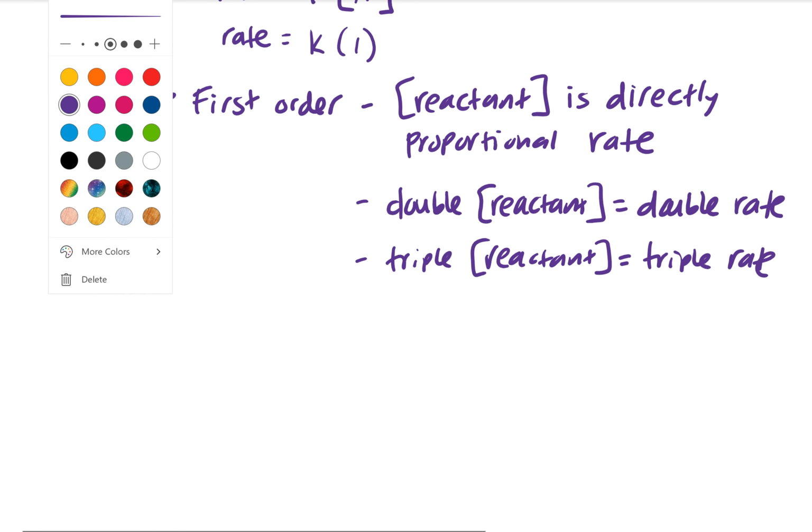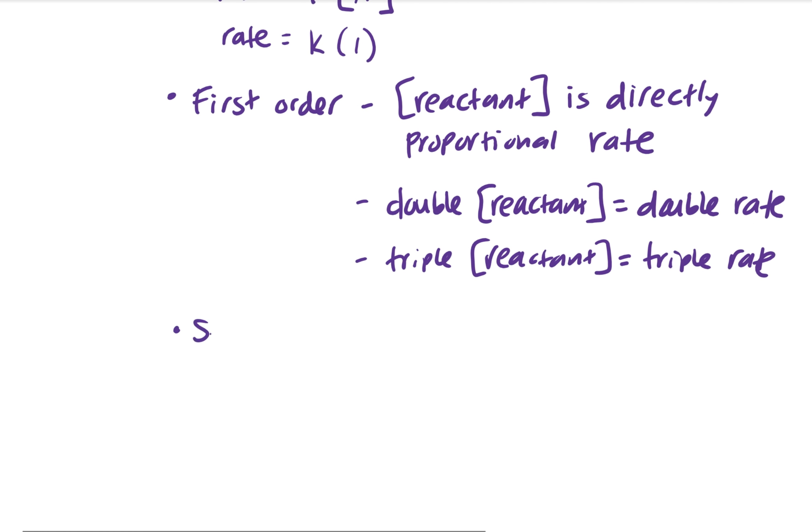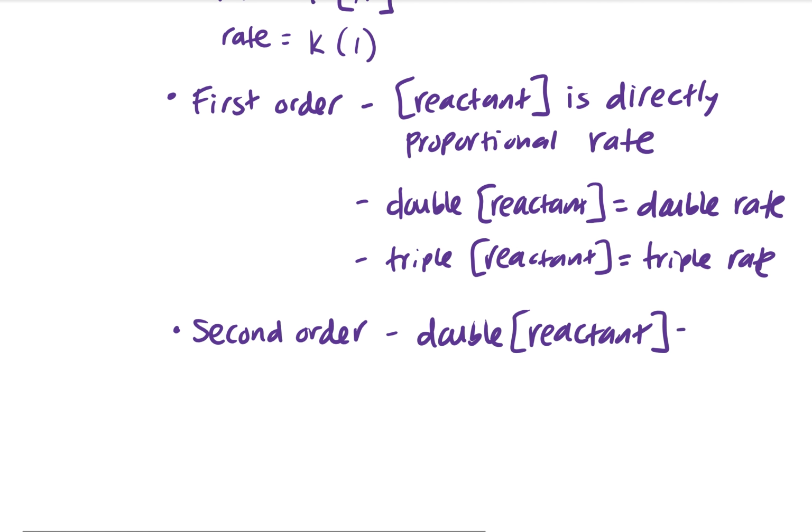And then finally we have second order. If you double the concentration of a reactant, you're going to increase the rate by a factor of 4, so you're going to quadruple the rate.